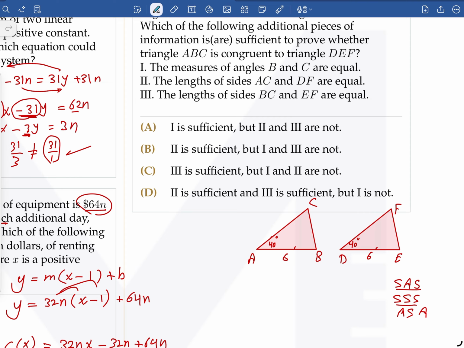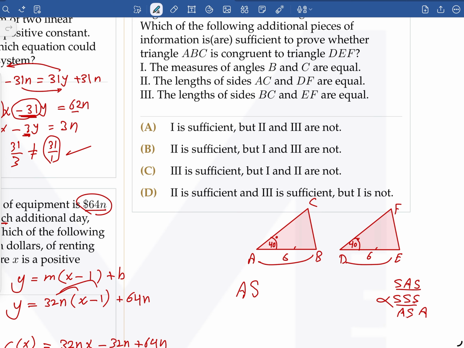We already have an angle. This 40 and this 40 makes one A. Side 6 and side 6, this is S. So we cannot look at the SSS because we have already one angle.